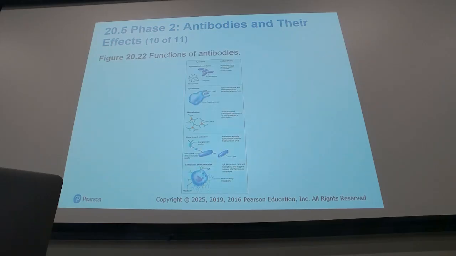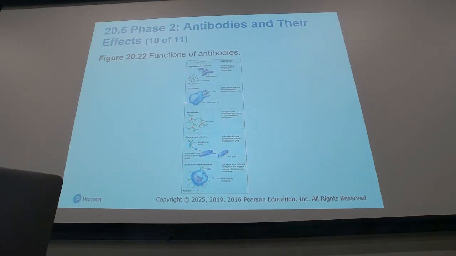So the functions of the antibodies will be to neutralize molecules. Other ones will be agglutination, so they can clump several molecules at once, like the ones used to type the blood.